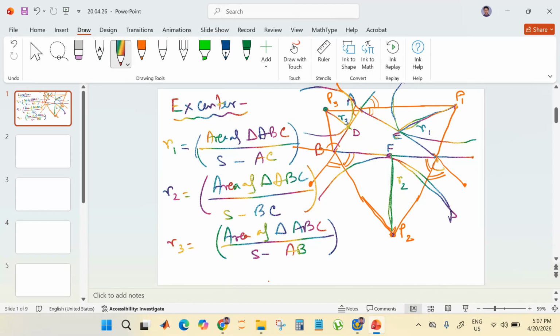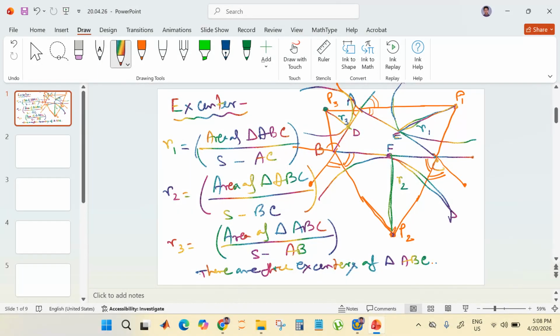So remember, excenters can be found by... I am taking some note. There are three excenters of triangle ABC, of any triangle, actually not ABC exactly.